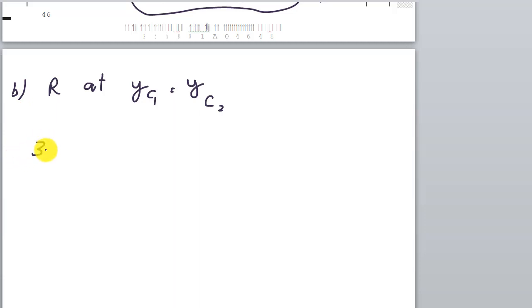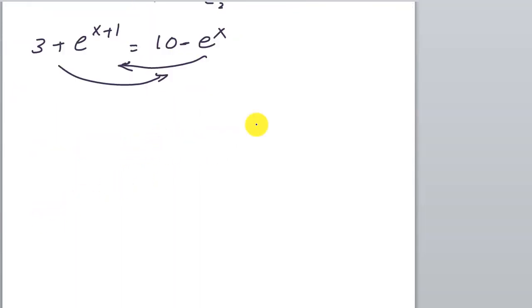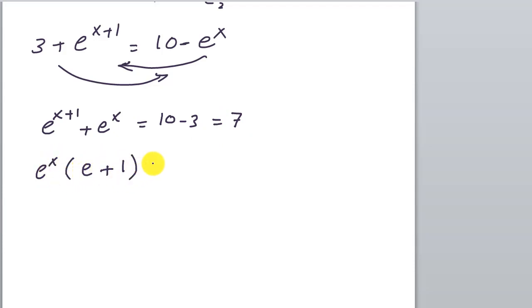So 3 plus e^(x+1) is equal to 10 minus e^x. So e^(x+1) plus e^x is equal to 10 minus 3 equal to 7. So e^x as a common factor, e^1 plus 1 equal to 7. So e^x is equal to 7 divided by (e plus 1).